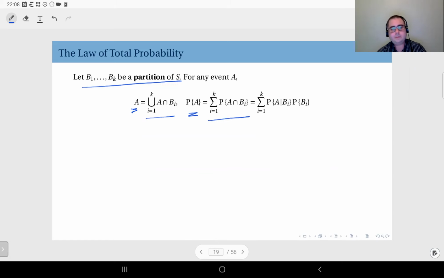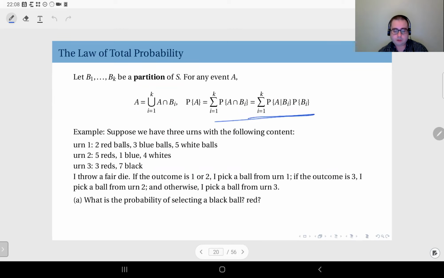And then I can apply the definition of conditional probability to write the probability of this intersection as this expression here, a conditional probability times the probability of each partition. Okay, so this is what we call the law of total probability, and it's extremely useful.